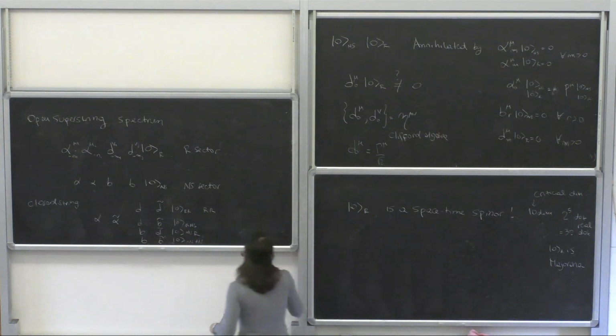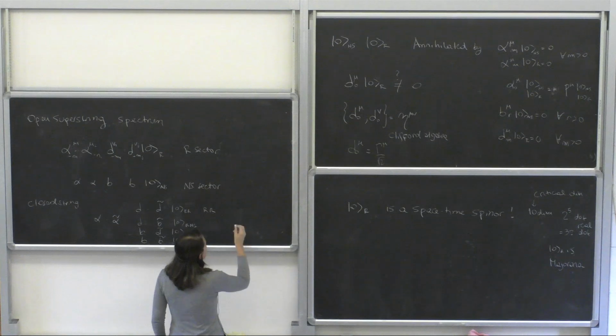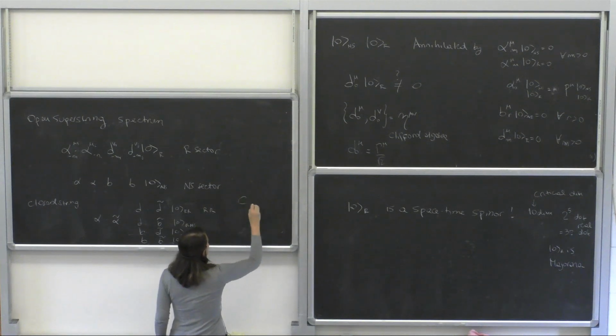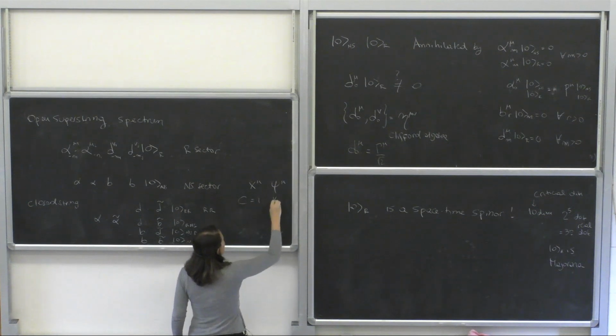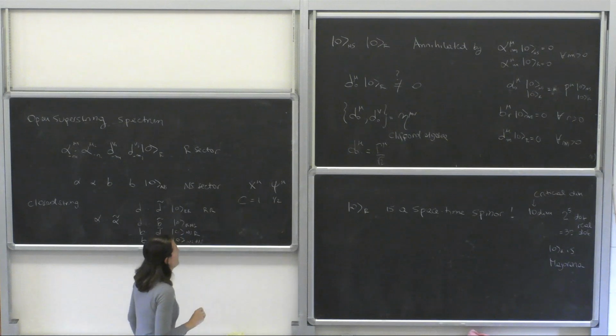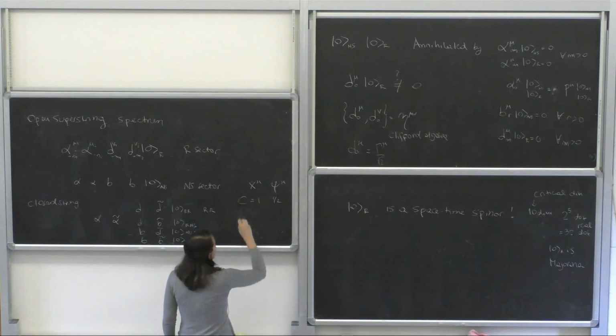Okay, maybe as an aside, the central charge C of an X mu, a free boson, is equal to 1, and the central charge of a free fermion is 1/2. And so if we have these two, then the central charge is 3D over 2.